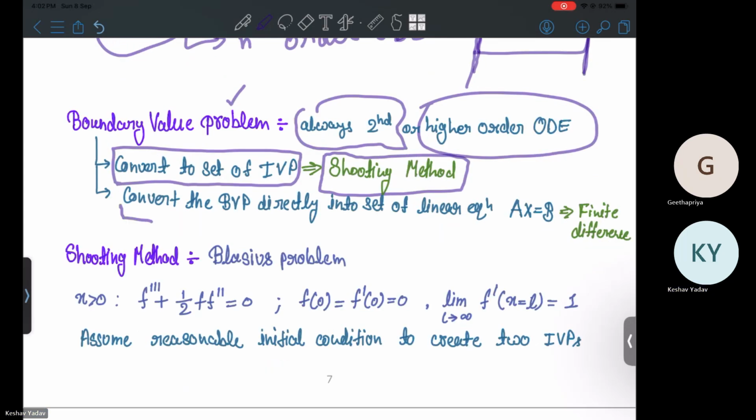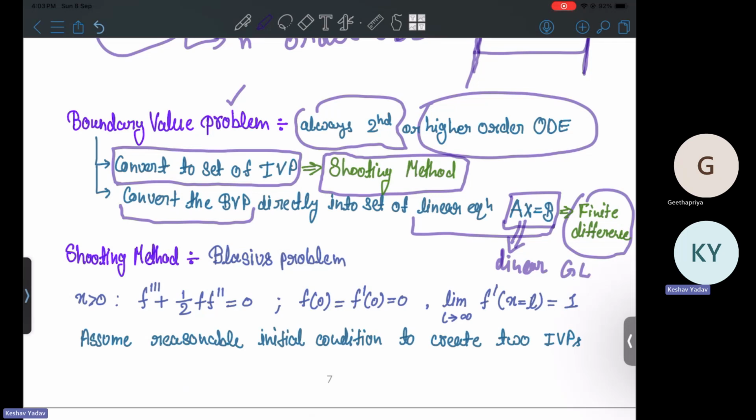Or we directly convert this boundary value problem into a set of linear equations of the type Ax = B, by using the finite difference method. Then this system of linear equations can be solved using a linear solver. By linear solver, I mean Gauss elimination, LU decomposition, or some iterative solver like Gauss-Seidel or Jacobi.